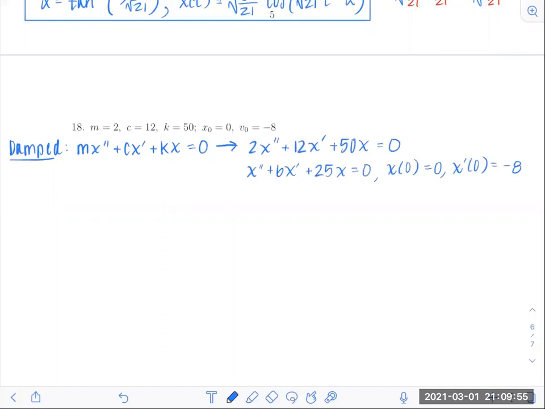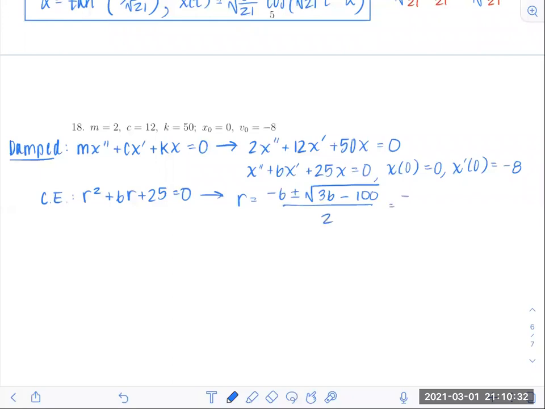All right, so then let's go through the characteristic equation as in section 3.3. That gives me r squared plus 6r plus 25 equals 0. Now, I cannot find factors of 25 that are going to add up to 6, so I'm going to go ahead and plug that into the quadratic formula. r equals -b plus or minus the radical of b squared minus 4ac, which is going to be 100, all over 2a.